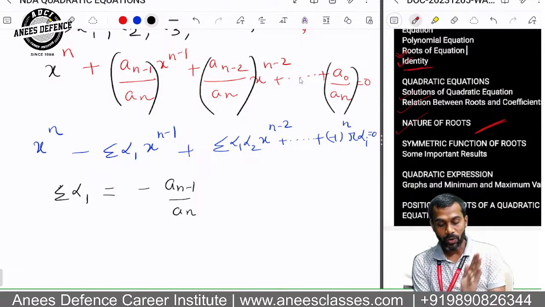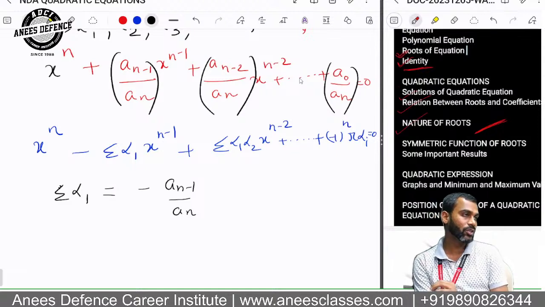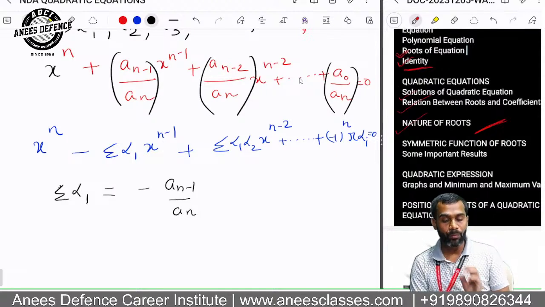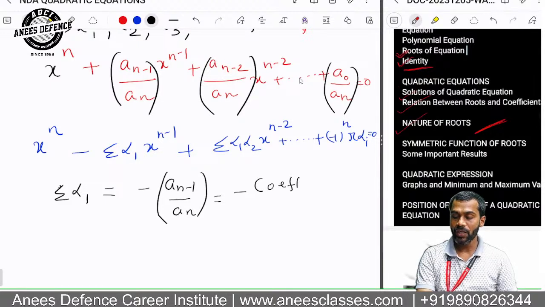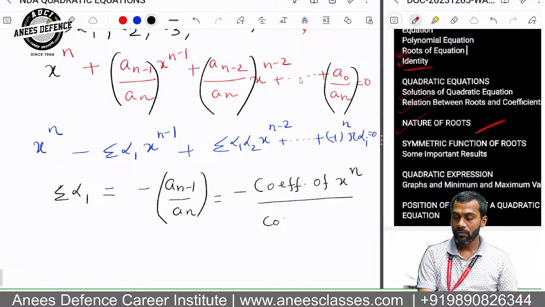So sum of all the roots of any equation of degree n would be equal to minus coefficient of x raised to n minus 1 divided by coefficient of x raised to n.